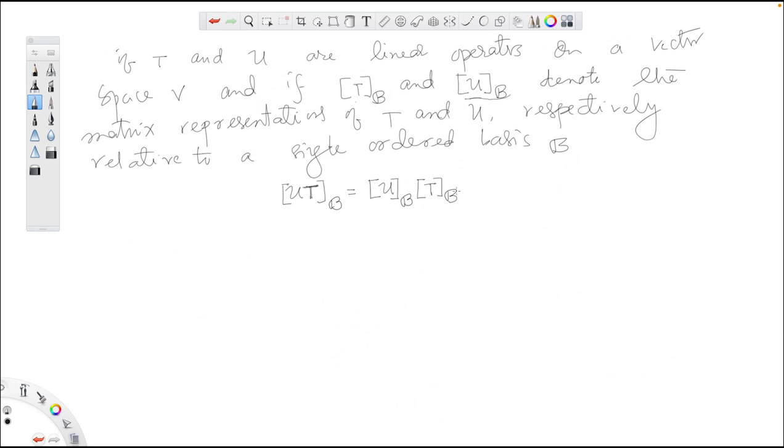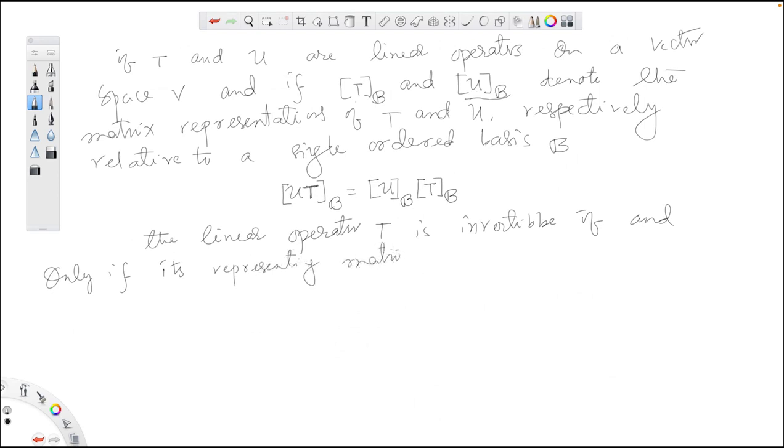So an easy consequence of this fact is that the linear operator T is invertible if and only if its representing matrix is an invertible square matrix. Okay.